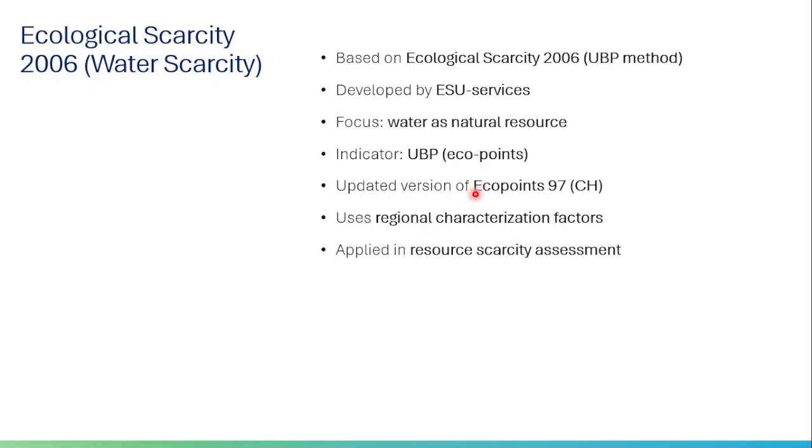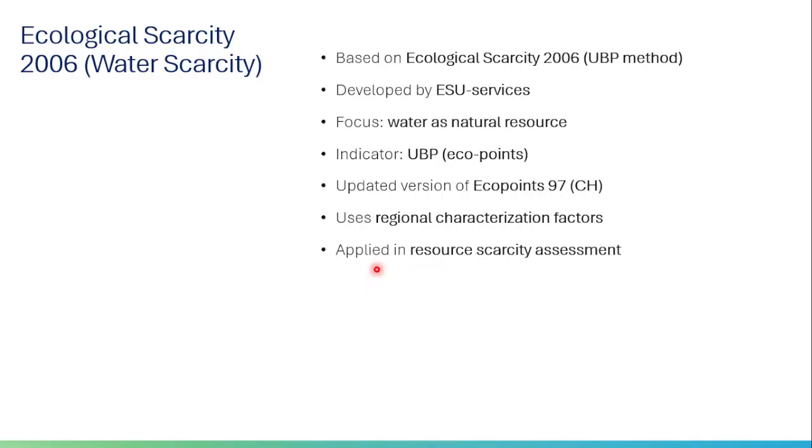It is a specific implementation where only the natural resources category is considered, focusing on water use. This method uses regional characterization factors, meaning that water scarcity impact varies depending on geographic location.